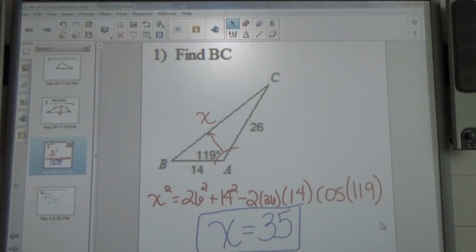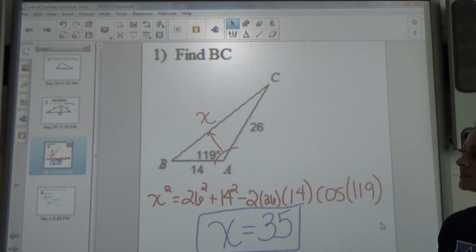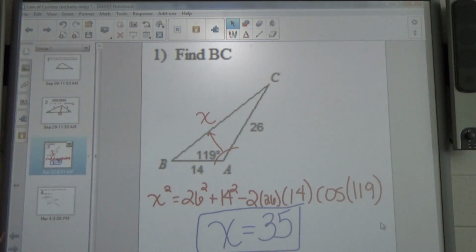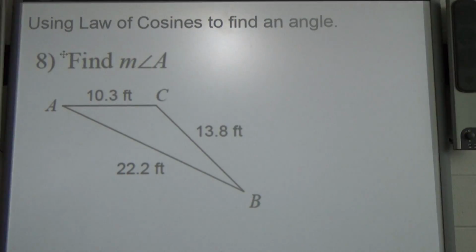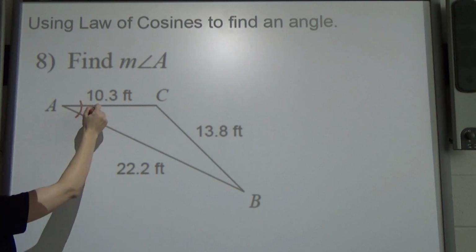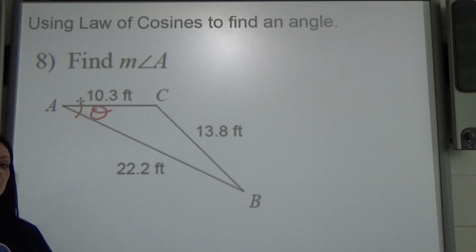Now it's nice and easy when I'm trying to find this missing side that's across from the angle that we've been given. But let's say I pose you the question of trying to find an angle using the law of cosines. So this is angle A that I'm going to try to find, and like we talked about in class, I'm going to use theta when I'm trying to find a missing angle.